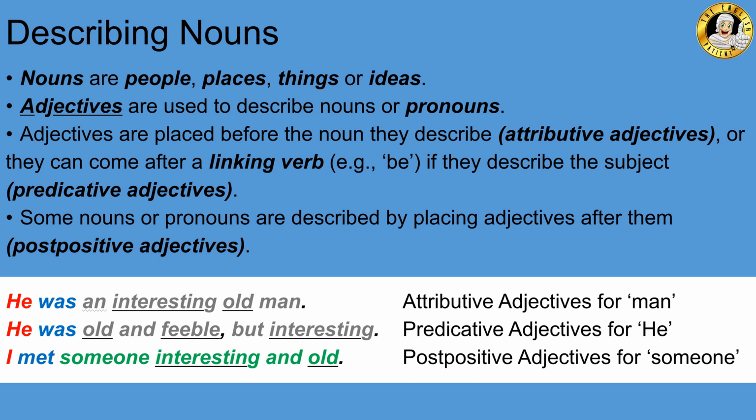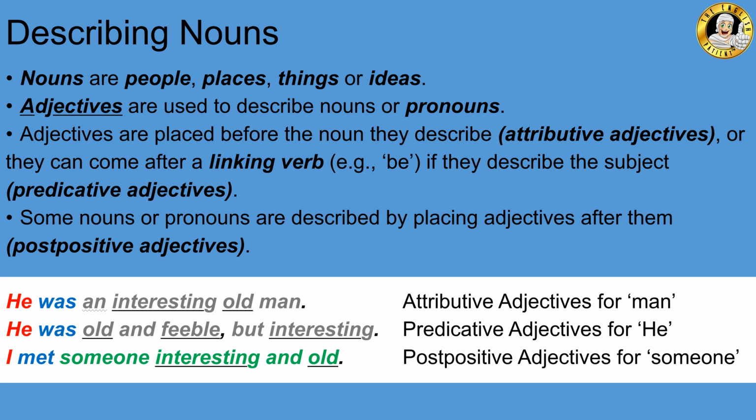Subject complements can be adjectives or noun phrases. Also not seen here would be the purple, which are adverbs, which we'll be seeing shortly, and also the yellow, which are prepositional phrases, which can function as adjectives themselves or as adverbs.